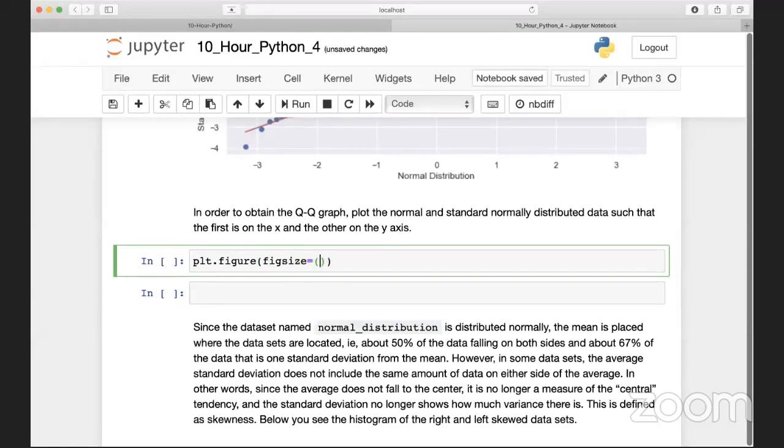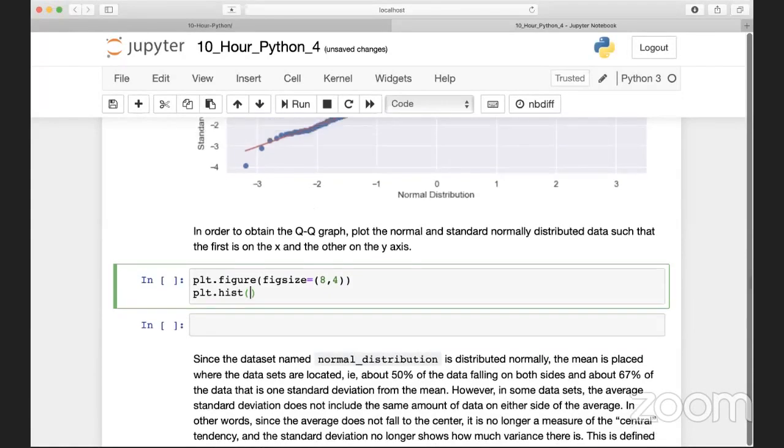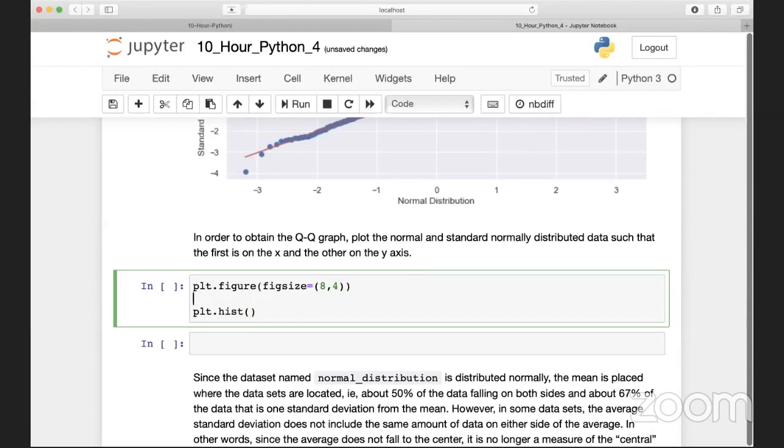I will define the figure size, plt.hist. I will define the normal distribution first. I will define normally distributed data.